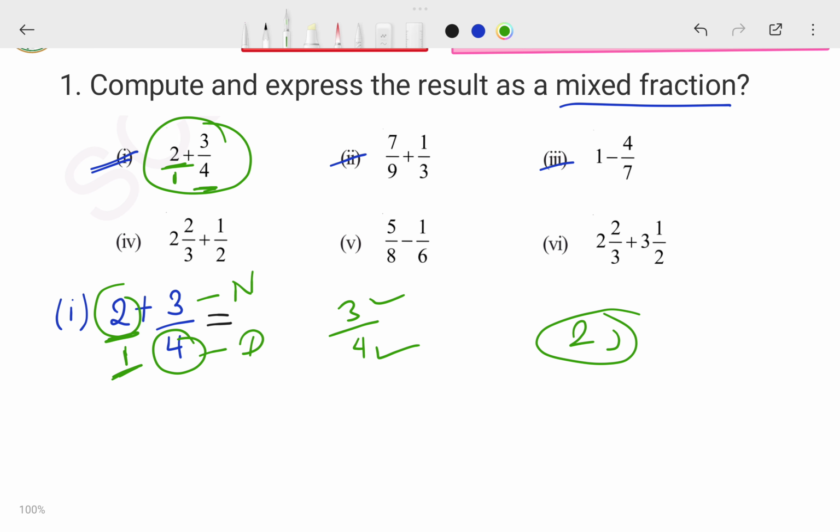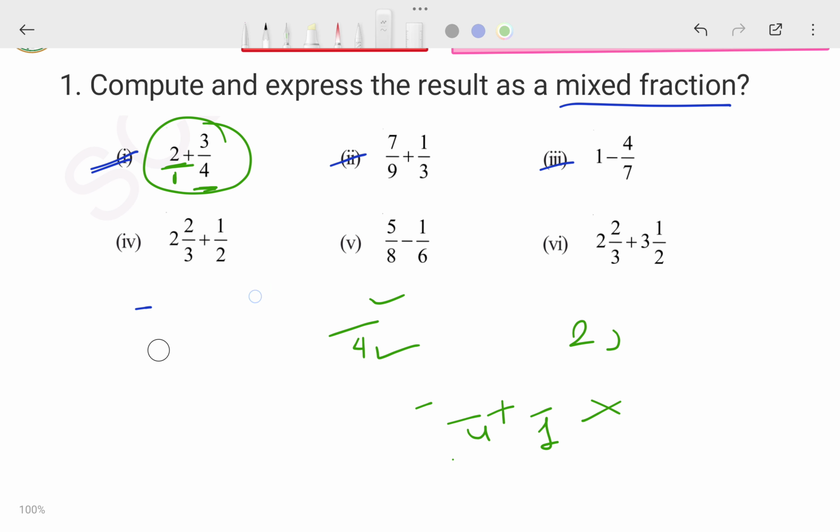If you didn't understand, let's take an example: 3 by 4 plus 6. What will be in the down? Here 6 is a numerator; the denominator is not 2, that is wrong. We always write 1 in the denominator. So here it has only 1. Is it clear?